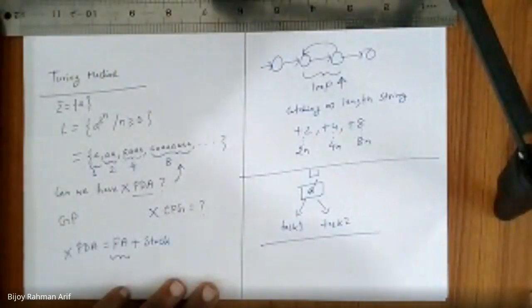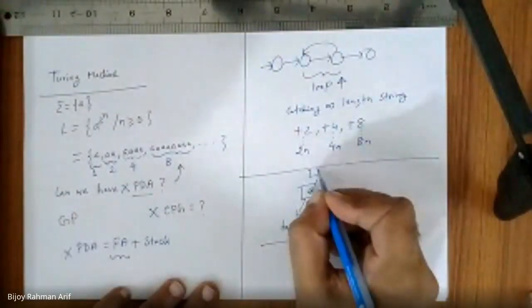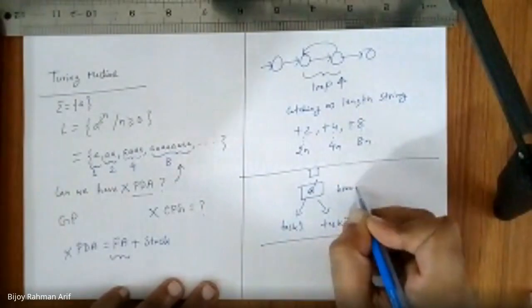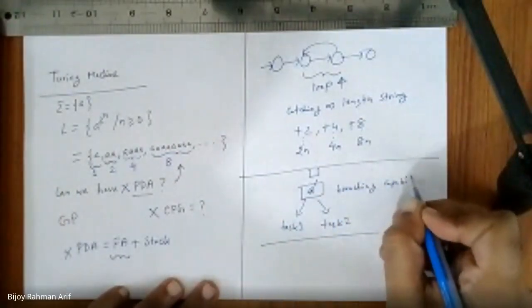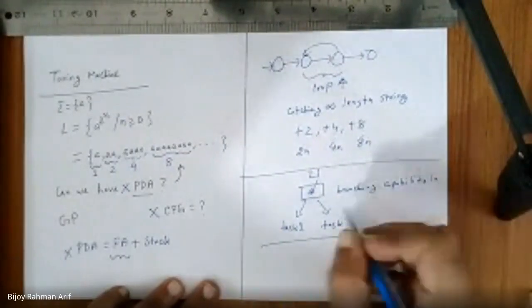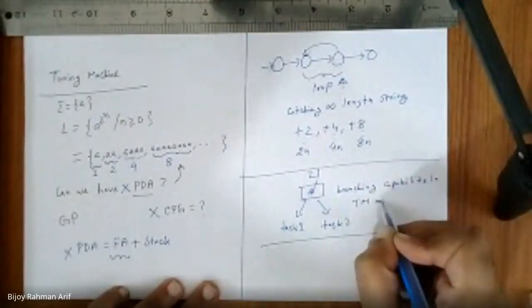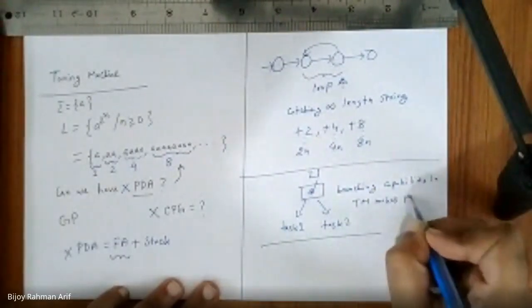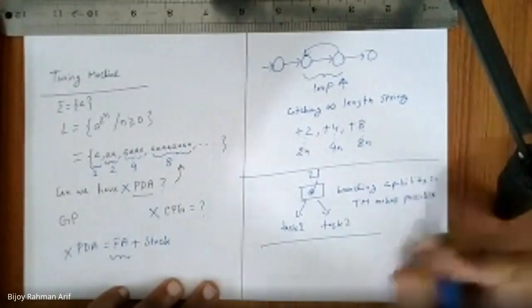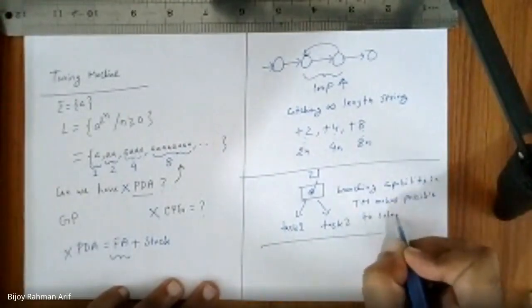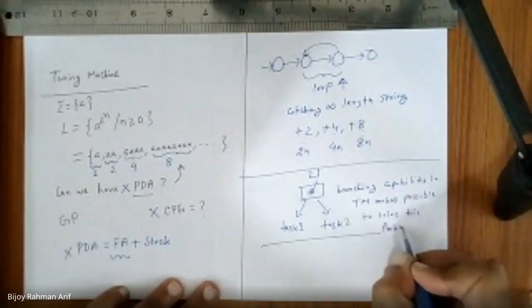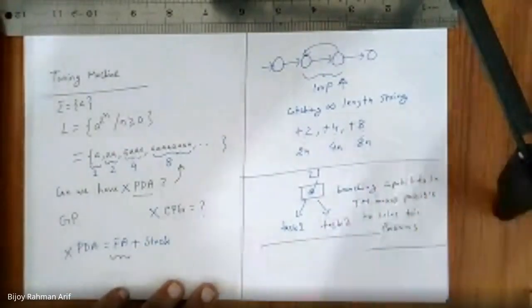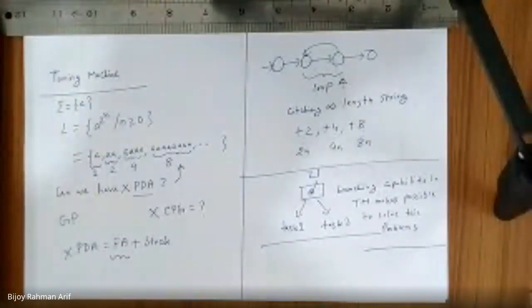Okay? Did you get it? So using this kind of branching capability, it is possible to solve this problem. Okay, guys. So that's why using Turing machine you can solve this problem.